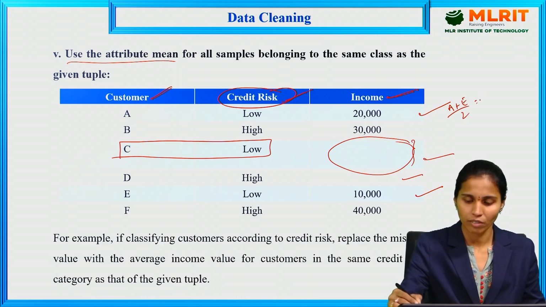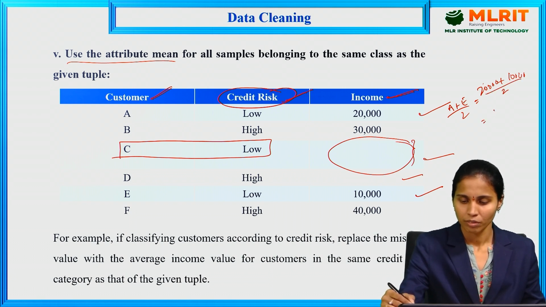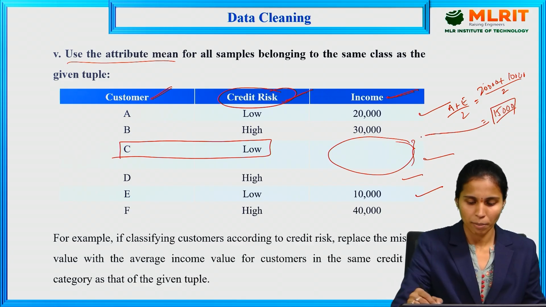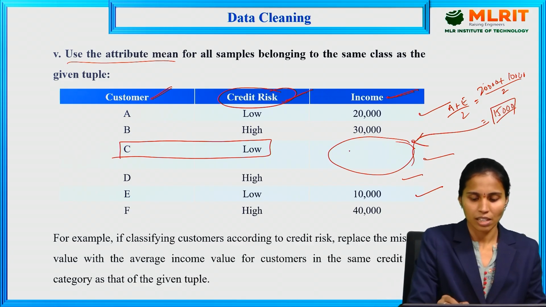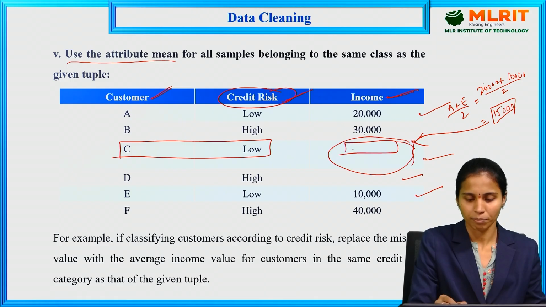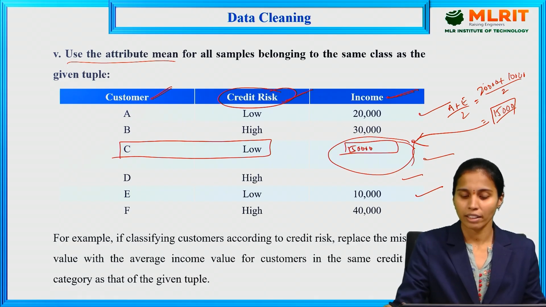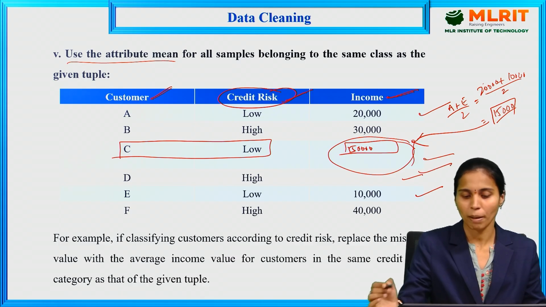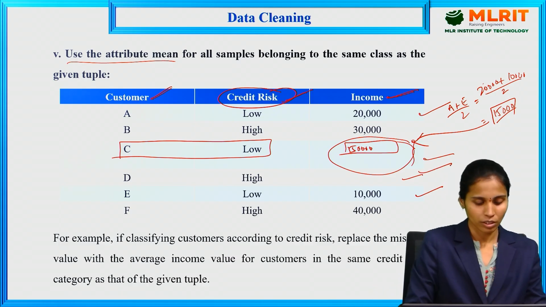So what is the income of person A? 20,000 plus E's value 10,000, divided by 2. So 15,000. 15,000 is replaced in person C's income. In the same way, we need to calculate person D's income also.